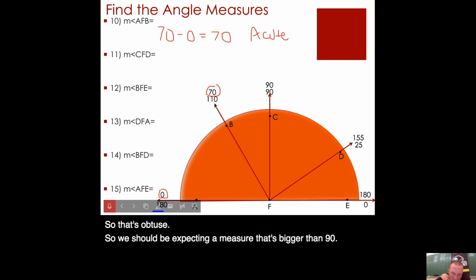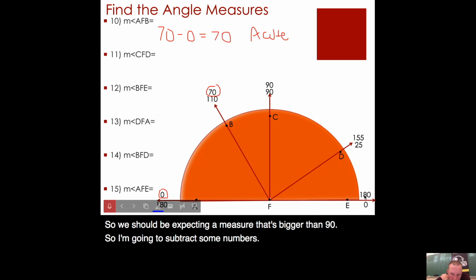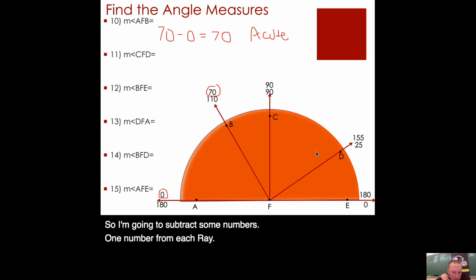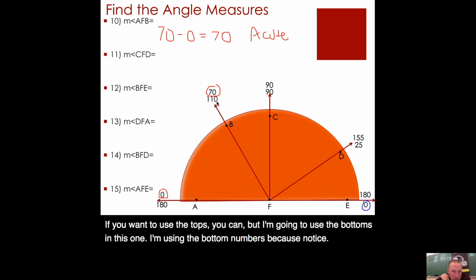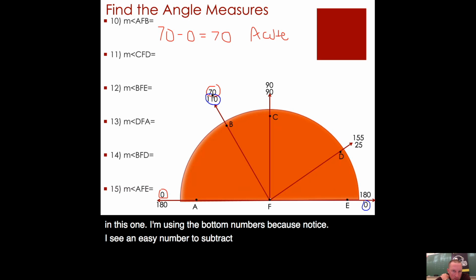So I'm going to subtract some numbers, one number from each ray. Now, if you want to use the tops, you can, but I'm going to use the bottoms in this one. I'm using the bottom numbers because notice I see an easy number to subtract with, 0. What is the measure of angle BFE?